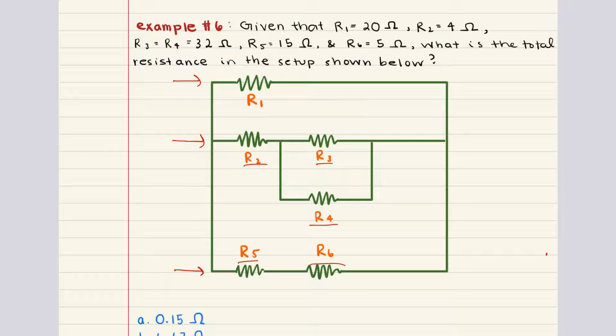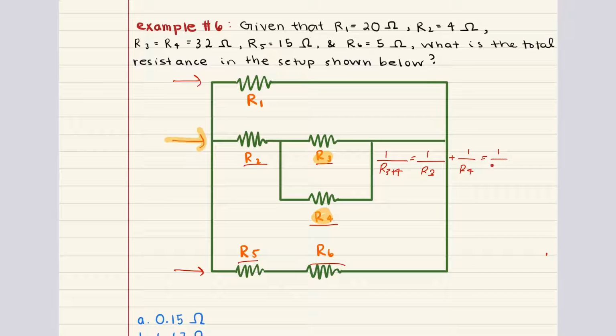To start, let's work on this middle branch first, specifically on R3 and R4. They are in parallel with each other, so 1 over R34 is equal to 1 over R3 plus 1 over R4.